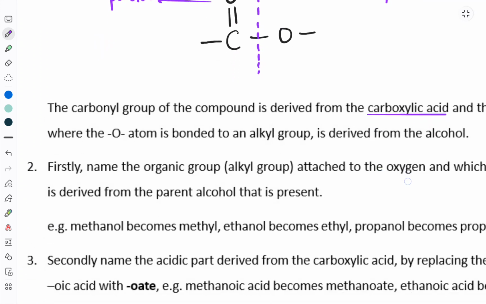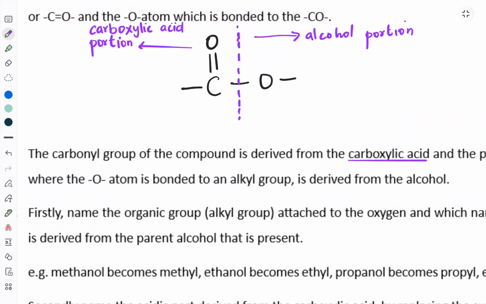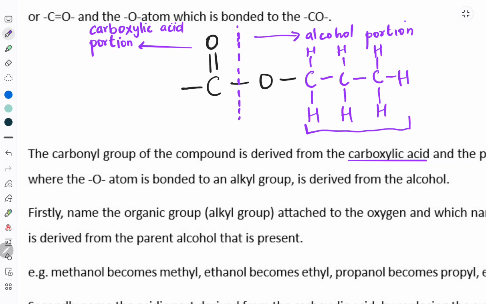Number two, we start by naming the organic group that is attached to the O. So for instance, if we had C, and maybe C here, something like this, we start by naming these parts first. If you check here, we have 3 carbon atoms, and we said the stem name for any 3 carbon atoms in a chain is prop.